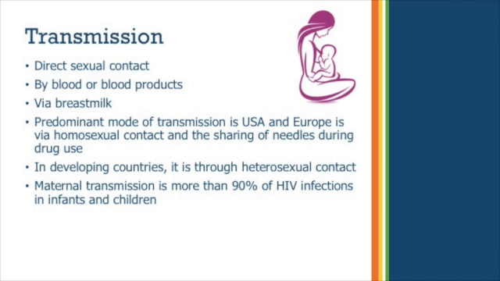Maternal transmission of HIV accounts for more than 90% of HIV infections in infants and children. In the United States, approximately 20% of untreated pregnant HIV-infected women transmit the virus to their infants, and an estimated 50 to 70% of mother-to-child transmission occurs late in pregnancy or during birth.